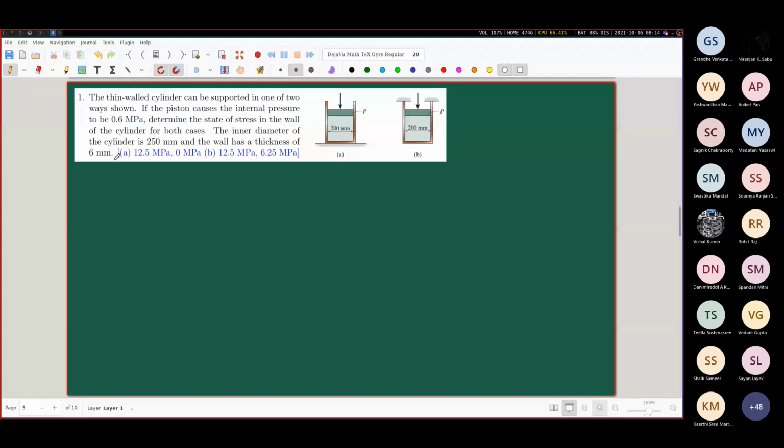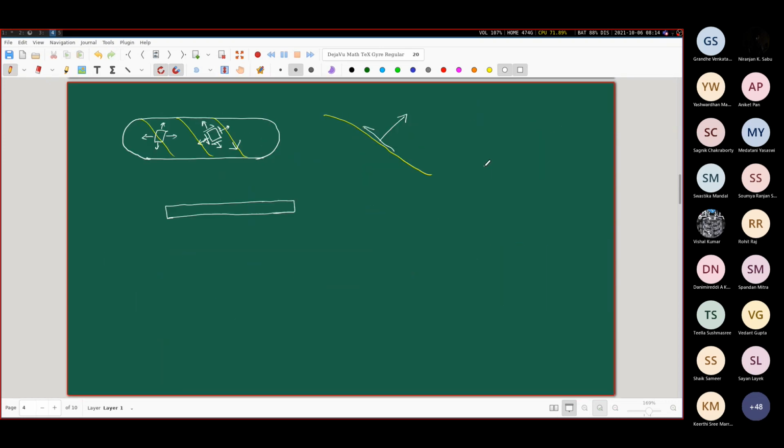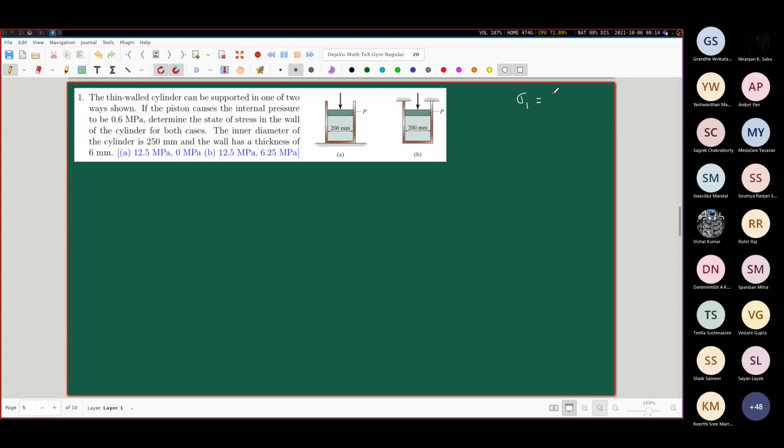Whenever you are trying to apply the formula, sigma 1 is equal to PR by T and sigma 2 is equal to PR by twice T. I always forget which one I write as sigma 1 and which one is sigma 2.